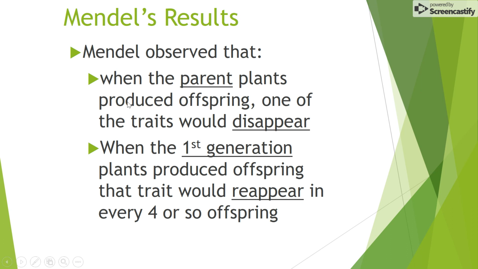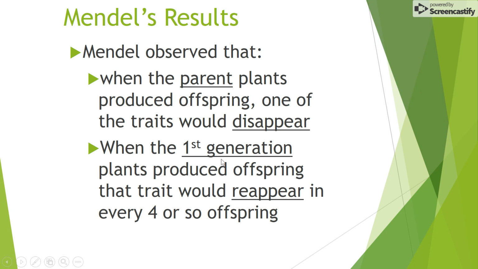So what this means is, in that first generation, when he crossed the purple flower and the white flower and all of the offspring were purple, the trait that disappeared was the white color. We didn't have any white flowers in that first generation.